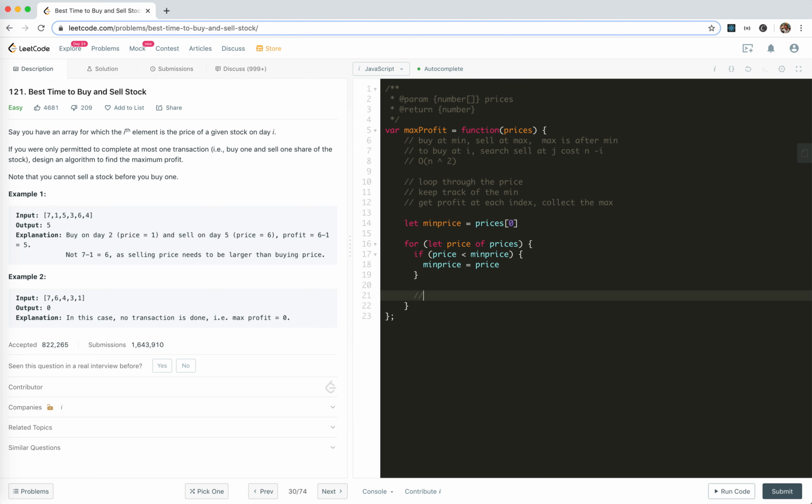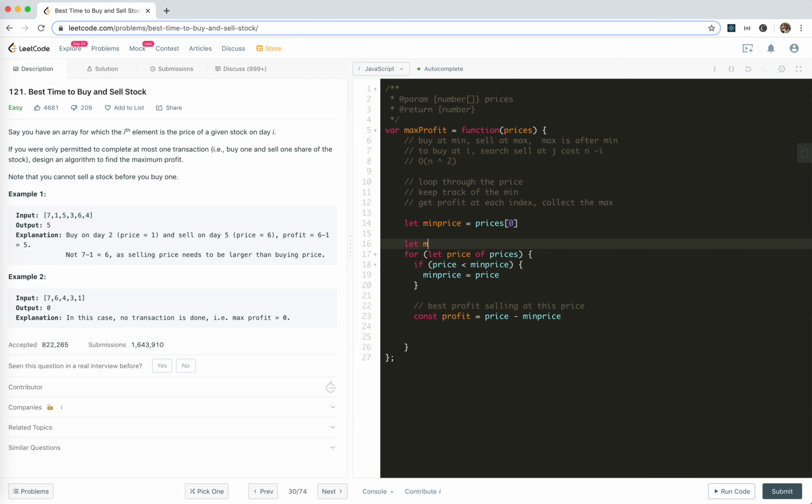So the best profit selling at this price would be const profit equals price minus min price, and we need to update the max, right?